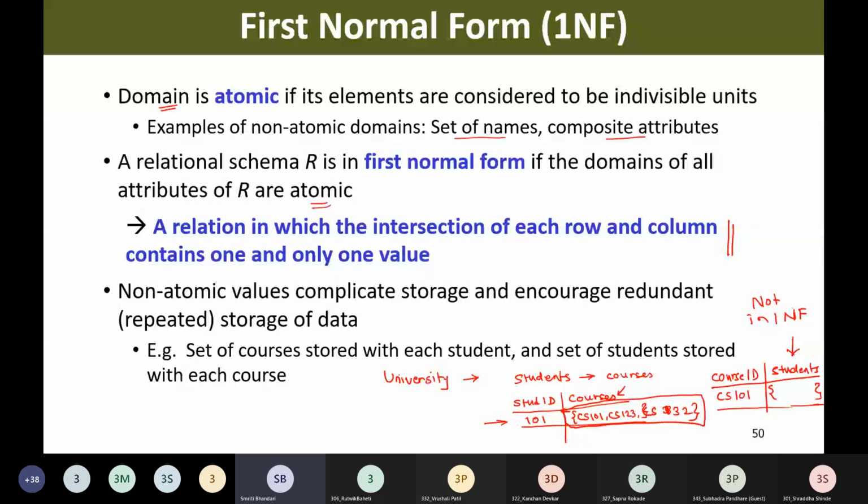See here on this slide, if I have these two tables, are these tables in 1NF? In one table I have student ID and in another column I am storing the courses. Is this table in 1NF?